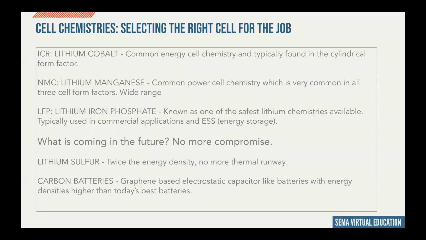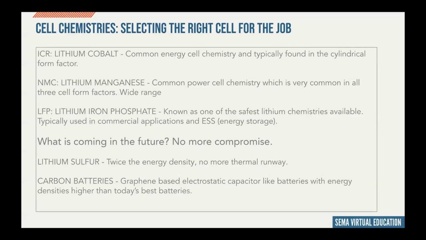Cell chemistries, and we're spending a little bit of time talking about cells because cells are very fundamental to having a battery pack that meets the application and performs the way that you would expect it to. All of this is researchable, so we won't go too deep into cell chemistries. But the main thing to understand is that battery manufacturers typically design cells around either high power density or high energy density.